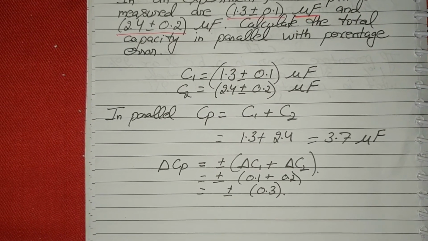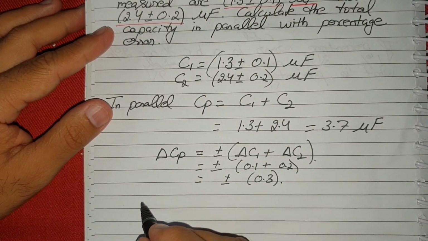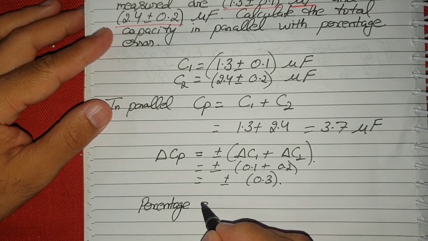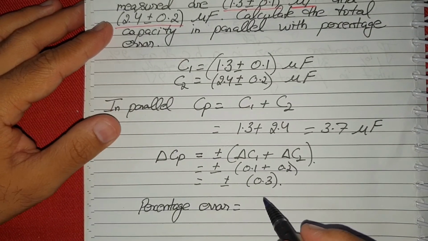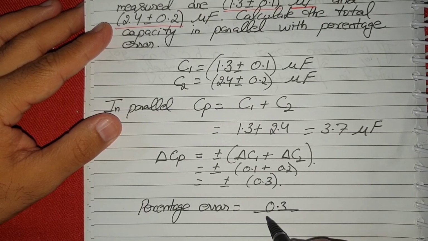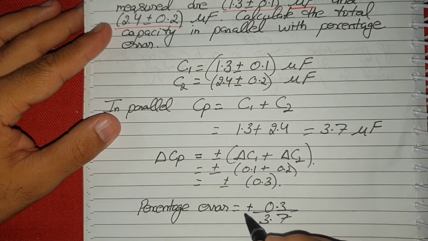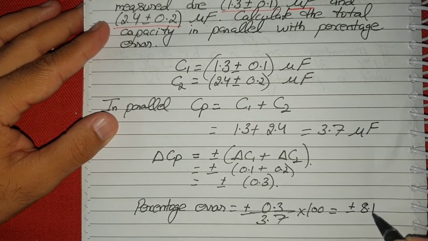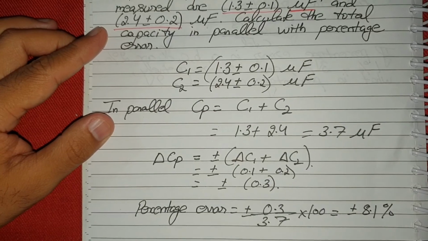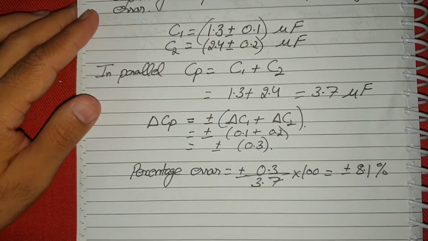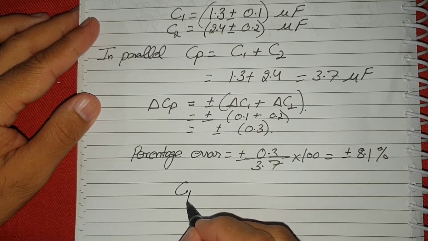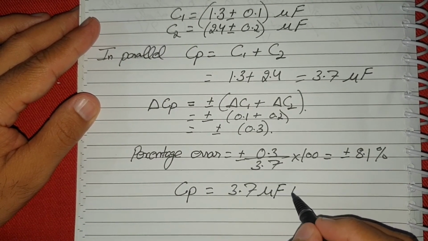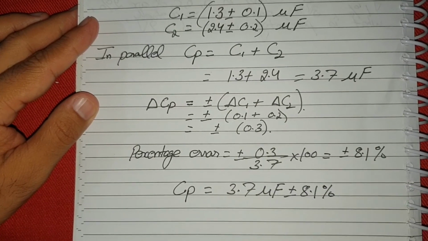Now the percentage error. To get the percentage error, this is 0.3 upon 3.7, times 100, which comes out to be plus minus 8.1%. Hence, the final value of Cp can be written as 3.7 microfarad plus minus 8.1%.